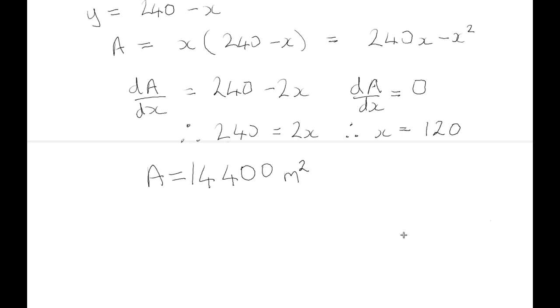So what is the significance of this? Well, firstly, we've shown mathematically that we're given a proof, you could say a mathematical proof, that the best shape to get the maximum area is a square as opposed to a rectangle. So we've done that. We sort of felt that instinctively at the beginning, but we've actually done it.